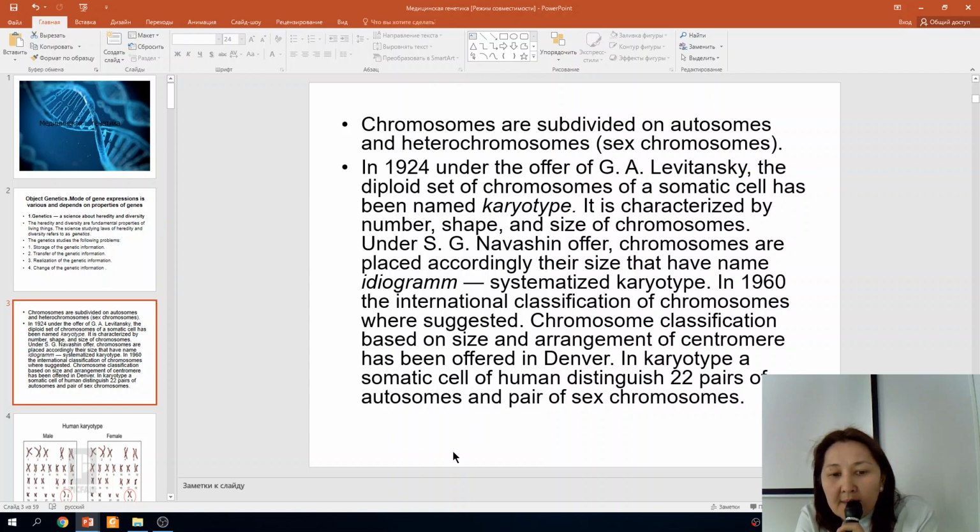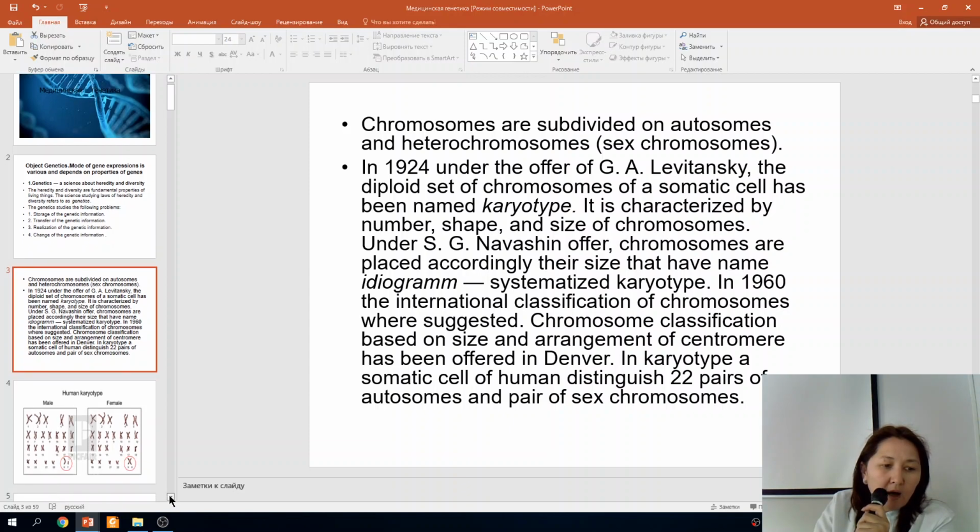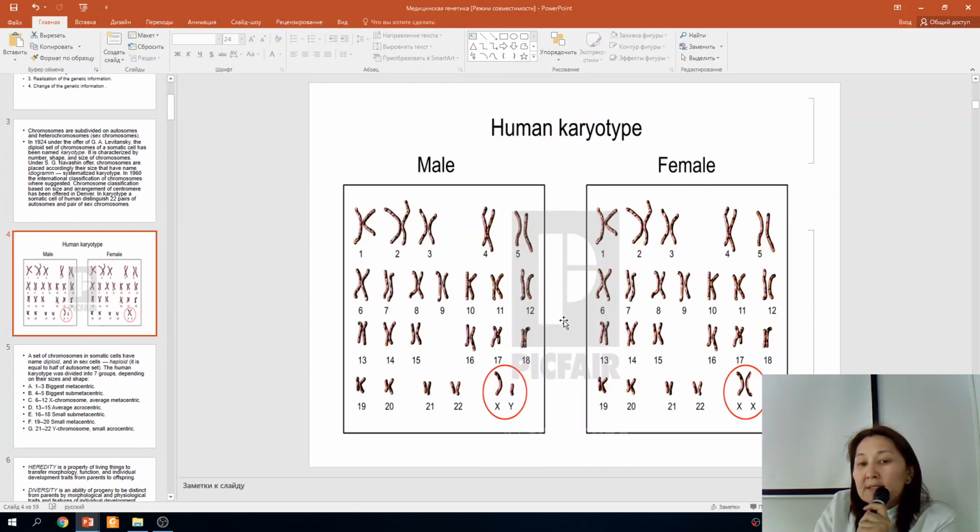In the karyotype of a human somatic cell, 22 pairs of autosomes and a pair of sex chromosomes are distinguished. Guys, on these slides you can see the human karyotype structure. Please transfer these diagrams of the female karyotype into your sketchbook.